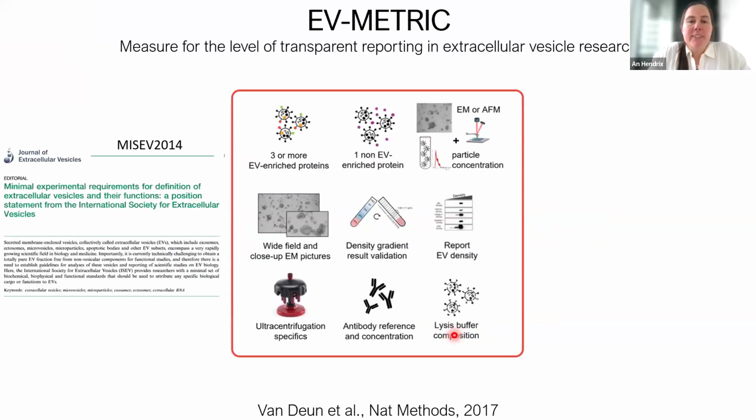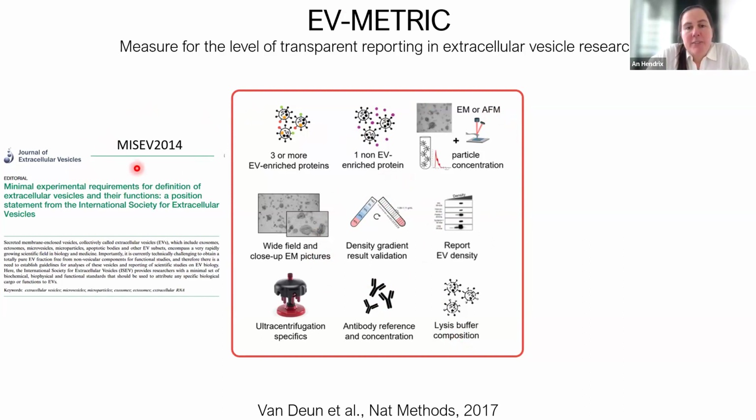And therefore, we decided to develop the EV-METRIC. The EV-METRIC is a measure for the level of transparent reporting in extracellular vesicle research. I indicated we mainly performed the main analysis in 2015. So we decided to establish this metric and build it upon the MISEV guidelines that were available at that time point, which were the MISEV guidelines from 2014.